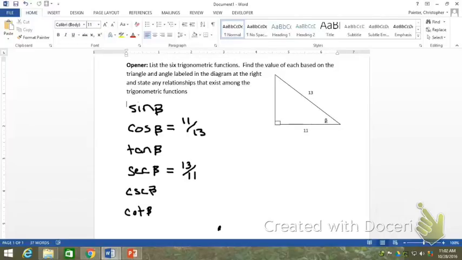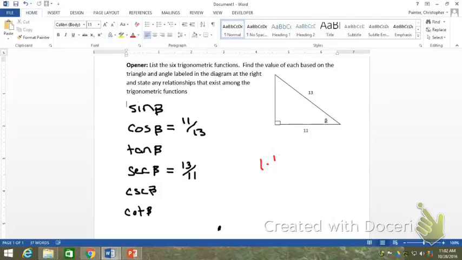Absolutely. And if I wanted to write that mathematically, how can I show that secant is the reciprocal of cosine? 1 times 11 divided by 13? Sorry.